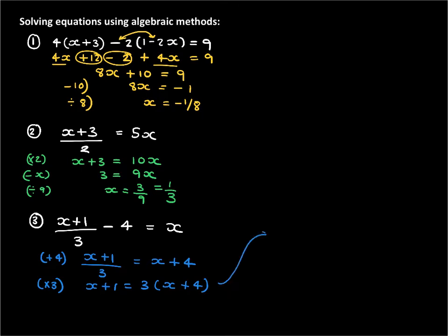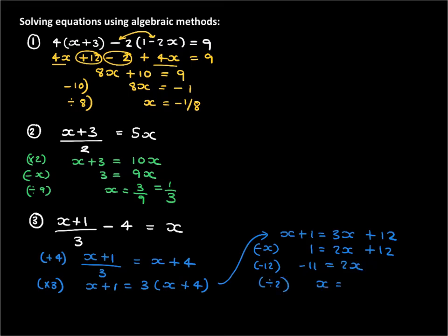Make sure you're working down the page as you should be. Expand the bracket on the right hand side, so we have x plus 1 equals 3x plus 12. Let's subtract x from both sides. 1 equals 2x plus 12. Subtract 12, negative 11 equals 2x, and then divide by 2, so x is equal to negative 11 over 2.